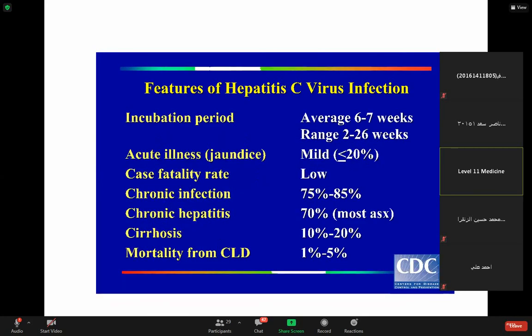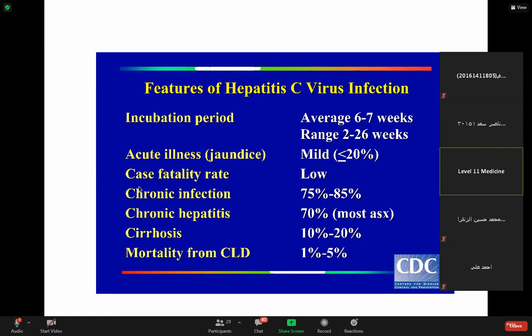So what are the features of hepatitis C? Well, the incubation period is, let's say, 2 months. The acute illness, jaundice, usually it's very mild. The case fatality rate is low. Remember, hepatitis B was around 1%. Here it's actually even lower.